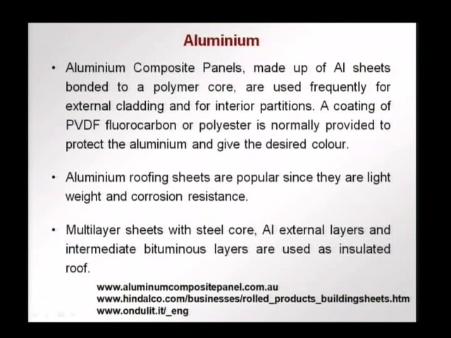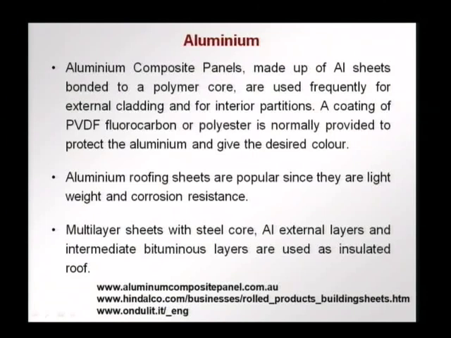The reason for using it is that the aluminum provides insulation by eliminating the entry of radiant heat, it reflects off the heat, so that the heat does not get in, and then the bitumen gives additional protection as insulation against heat and noise, because otherwise you can imagine that if you have a metal roof, when it rains or something drops on it, there will be a lot of noise.